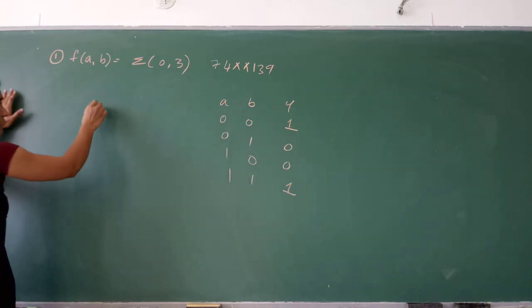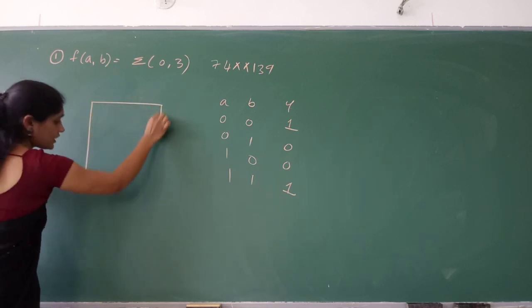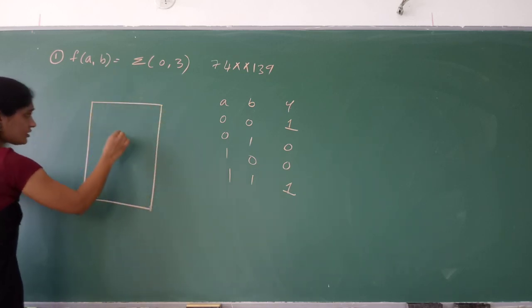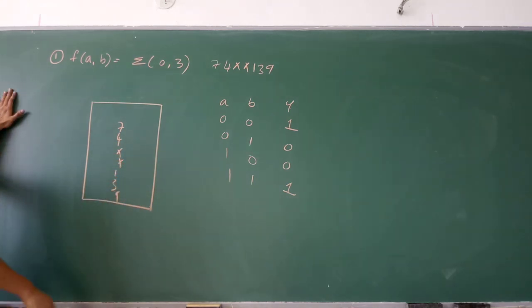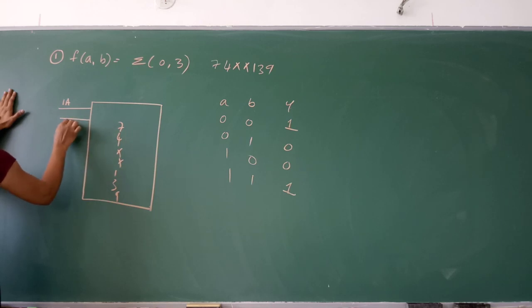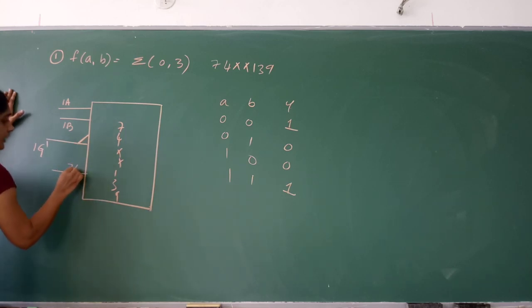First let me write the decoder pin configuration. 74XX139 is a dual 2:4 line decoder. So we have 1A, 1B, along with this an active low enable input, and for the second decoder I have 2A, 2B, and an active low enable input.